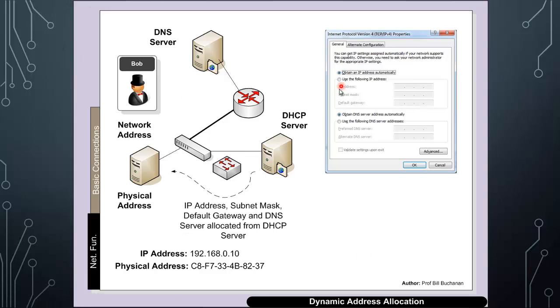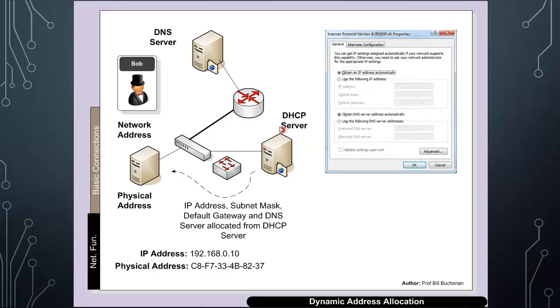The other method that we can use is a DHCP server. With a DHCP server, when we boot onto the network, the DHCP server detects our machine, normally with its MAC address, and then is able to allocate all those details that we had before.